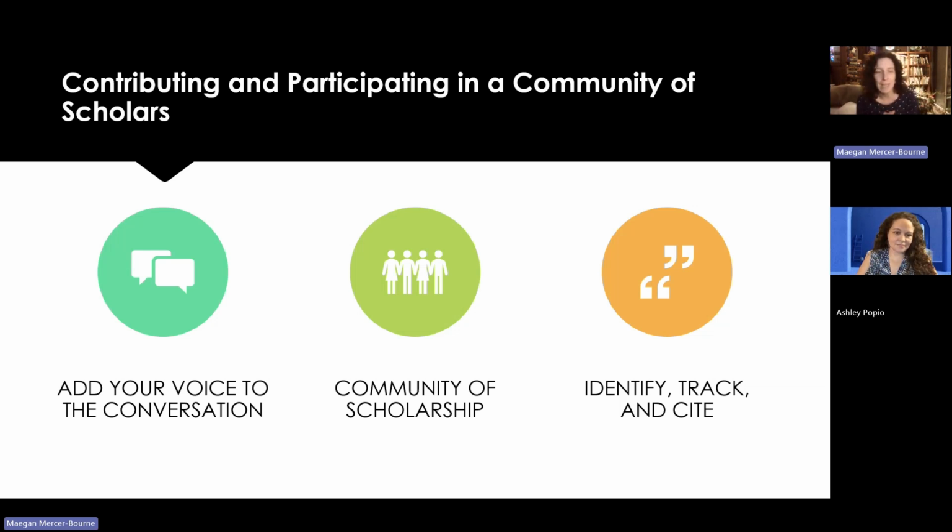So if you're writing an English paper, for example, you are conversing with other people who have written about the same topic. If you're writing about biology, your experiment is being spoken with alongside other experiments. So by using those sources in your paper, you are becoming a part of the academic discipline that you're in.